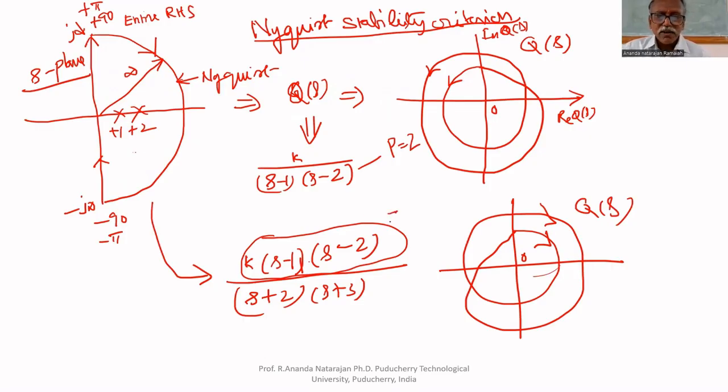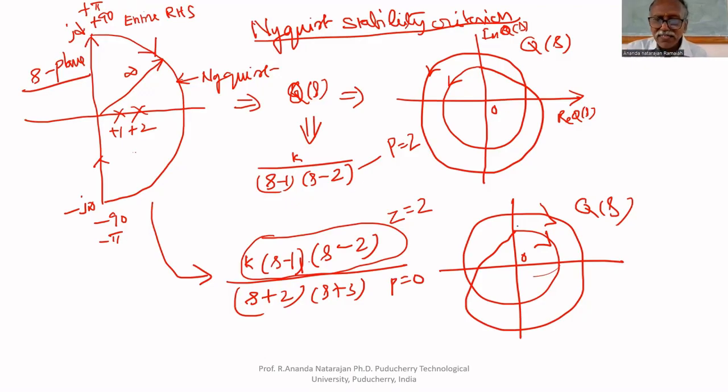Here, the number of zeros is 2, Z equal to 2. Only we are talking about P and Z here. The definition is whatever is on the right hand side, that is inside the contour. So here 2 zeros are inside that contour, that's why Z equal to 2. But P equal to 0 here. P means not the number of poles, but poles inside the contour or on the right hand side. P equal to 0.